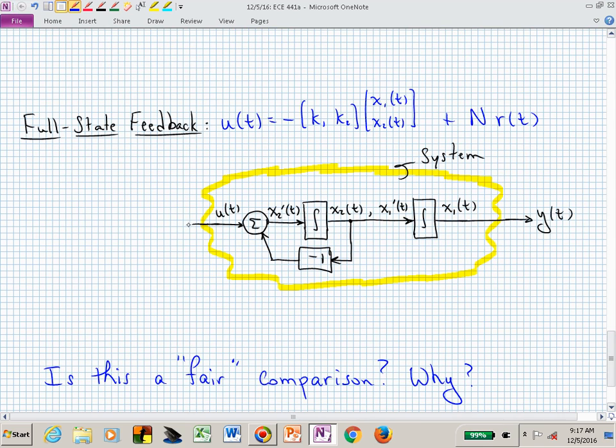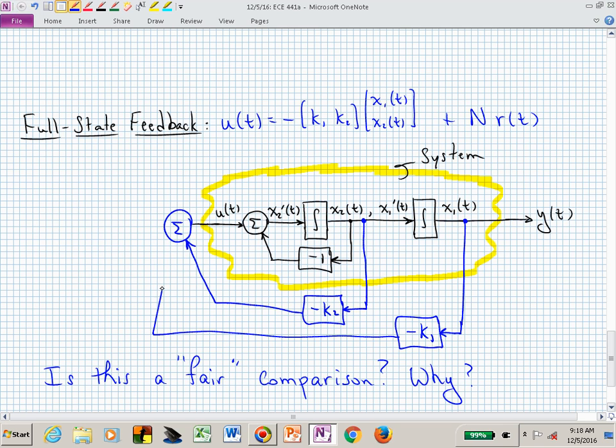Now we say our input U is going to pull off x sub 2 and weight that, let's say, with a k sub 2 and allow that to manipulate U. We are also going to measure x sub 1, which in this case actually is y, but that's okay, and weight that by k sub 1 and subtract that as a part of our U.